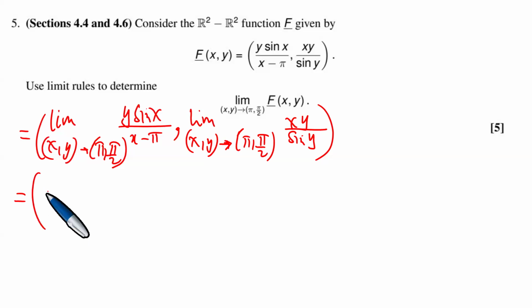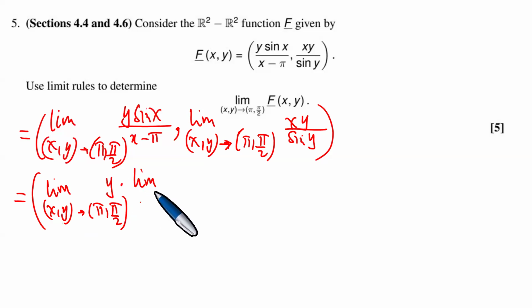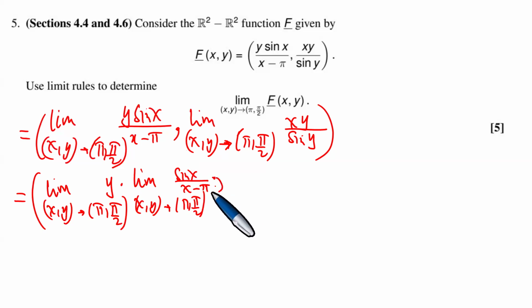This is going to be the limit as x and y tend to pi over 2 of y, and then we split it up: the limit as x and y tend to pi over 2 of sine x over x minus pi. So we have split this one. The y is on one side, and the sine x and the x minus pi are on the other side. So we're good.